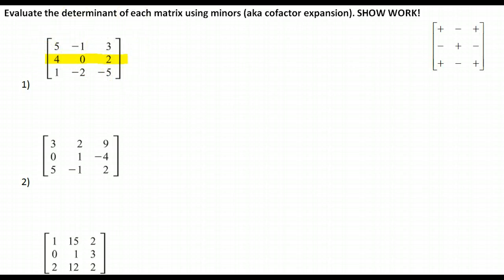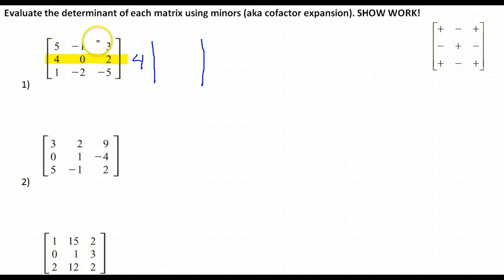So I've picked this row, and the way it works is each one of these numbers is going to become a multiplier. So I'm going to have 4 times, and then I'm going to put a matrix in here, and these lines indicate that I'm going to be doing the determinant of that matrix. But we'll come back to that in a second.